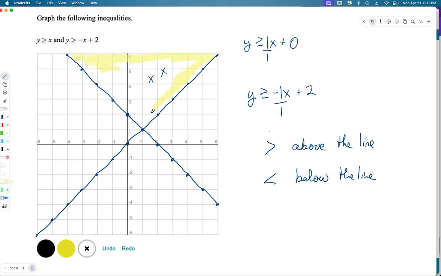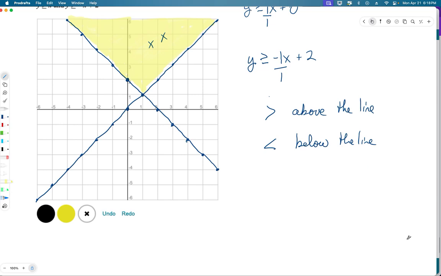That would be the correct answer. Just like that. And it's okay if you leave the X's there, that's fine. That's just a tool that you use to help you find the right area. Okay, so that would be the answer to that problem.